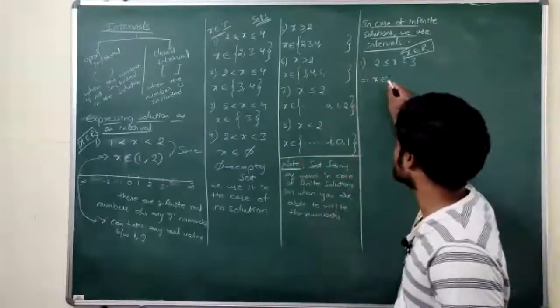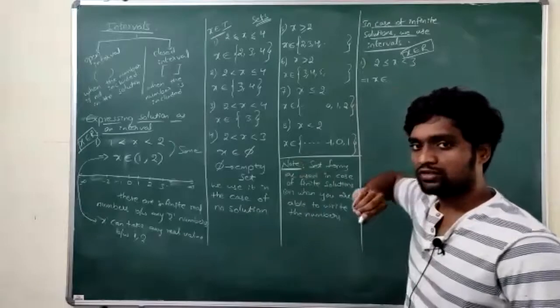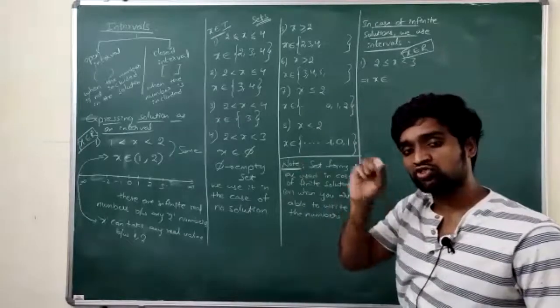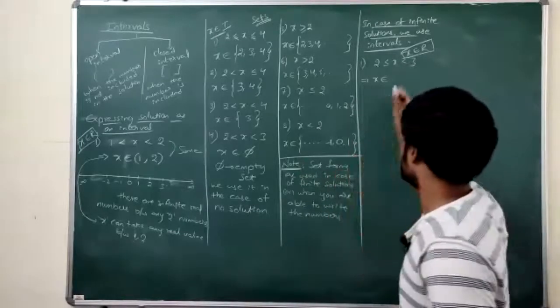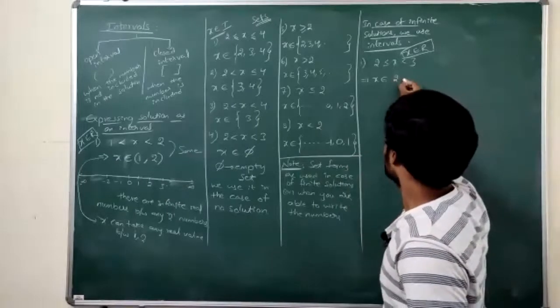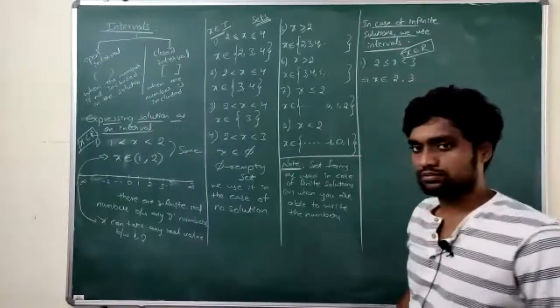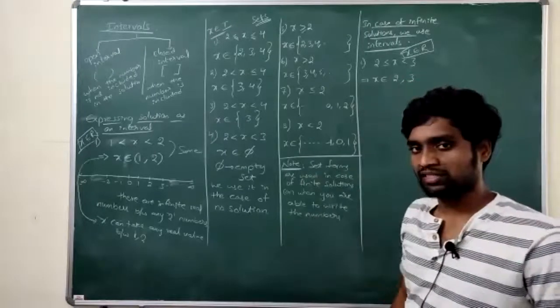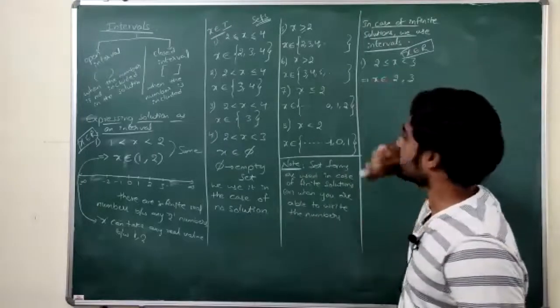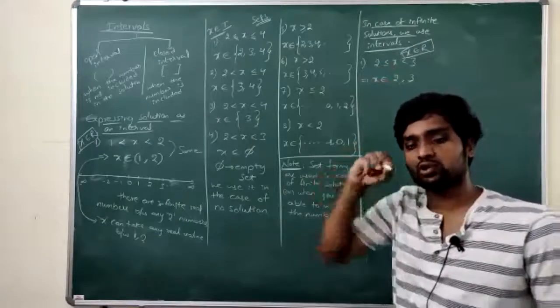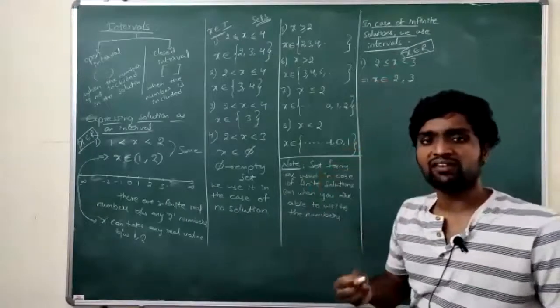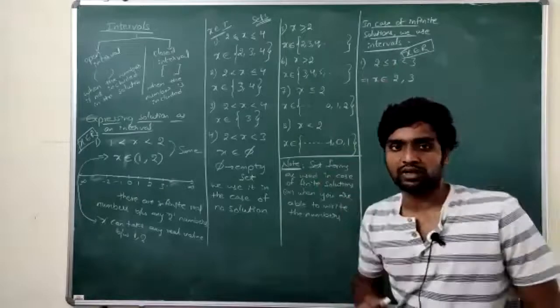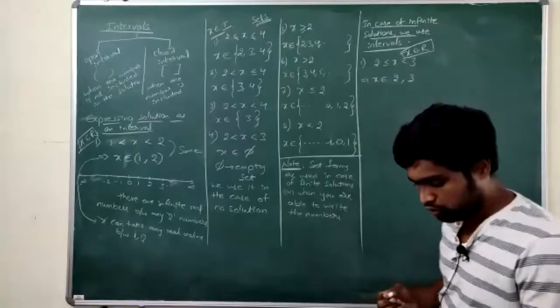But first observe this. x belongs to. First you have to write those two numbers between which x values lie. 2, 3. In between 2 and 3 only x values lie, right? Now, is 2 included in the solution? Can the value of x be equal to 2?